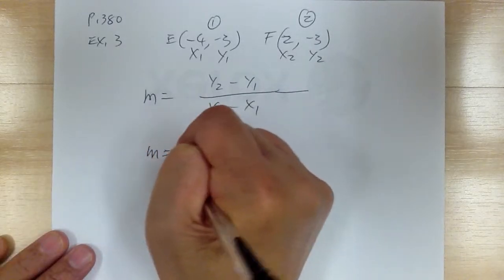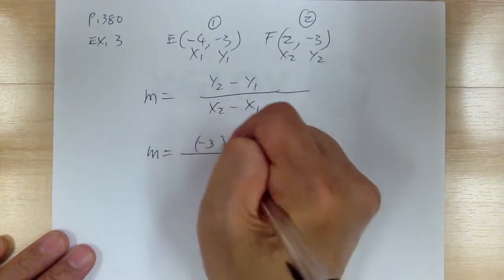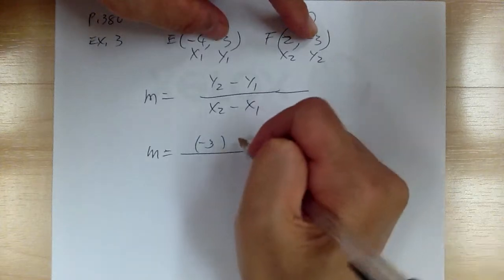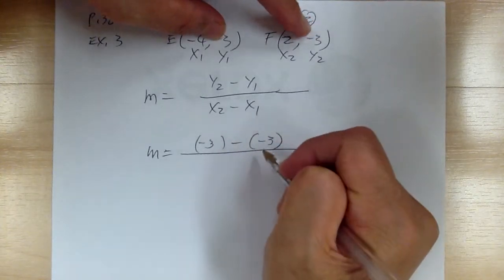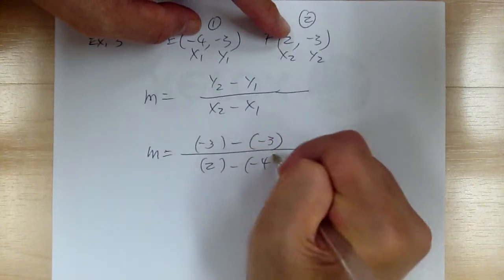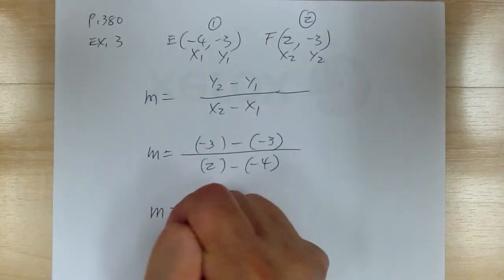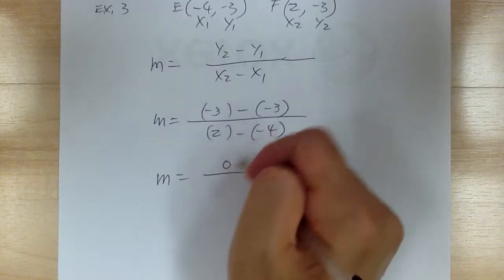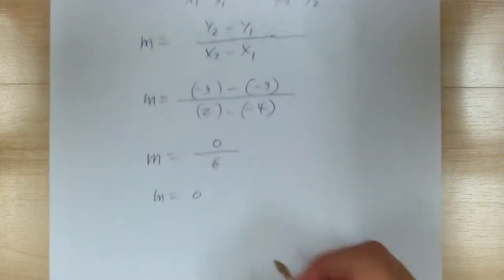So slope equal to negative 3 minus negative 3, over 2 minus negative 4. So m equal to 0 over 6. So m equal to 0.